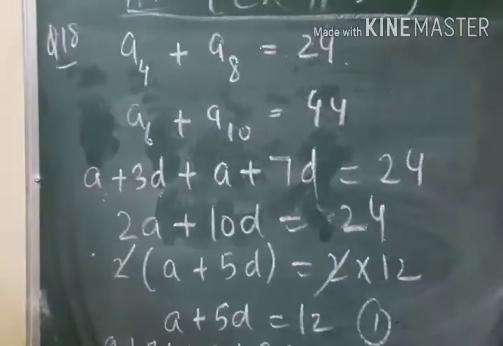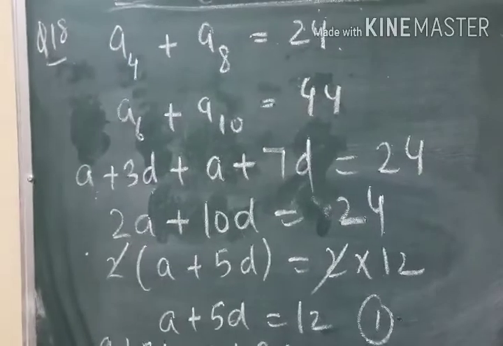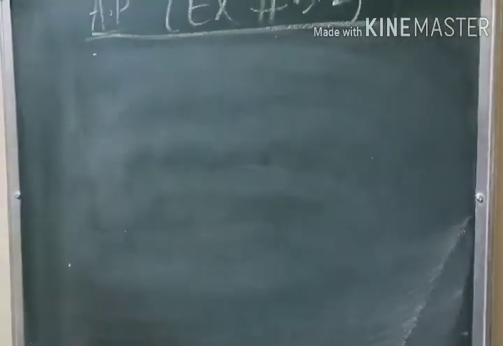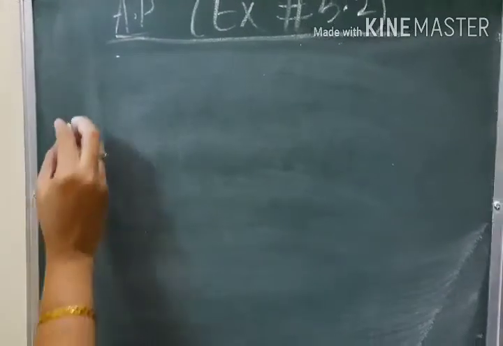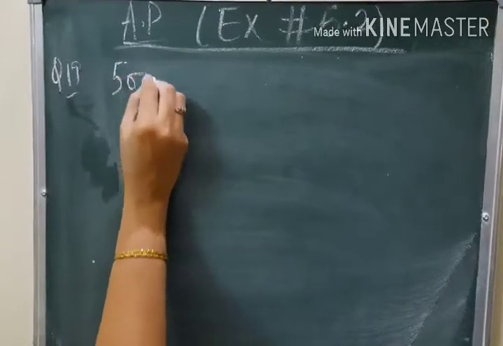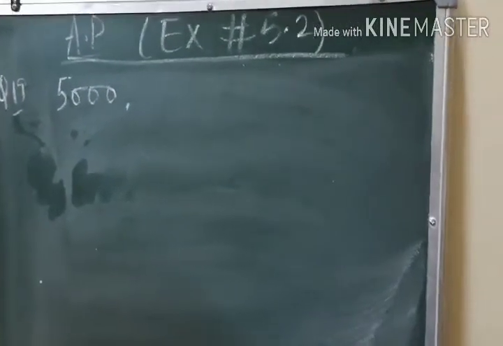Question number 19. Subba Rao started work in 1995 at an annual salary of rupees 5,000 and received an increment of rupees 200 each year. Now he received a salary of rupees 5,000. Then every year 200 rupees is increasing.